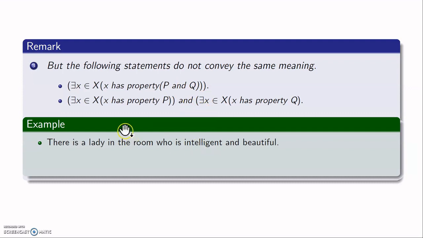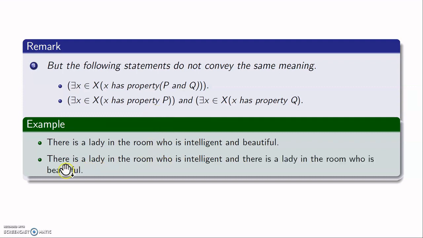Okay, for example, if you look at this, there is a lady in the room who is intelligent and beautiful. This means I am able to produce one lady in the room who is both intelligent and beautiful at the same time. Okay, but if I split this statement this way, I mean the second one, then it will look this way. There is a lady in the room who is intelligent and there is a lady in the room who is beautiful.